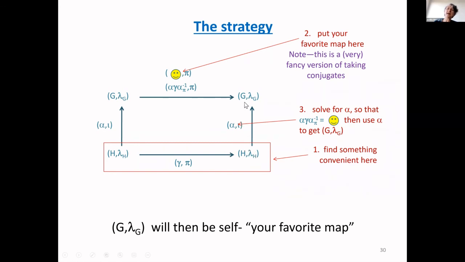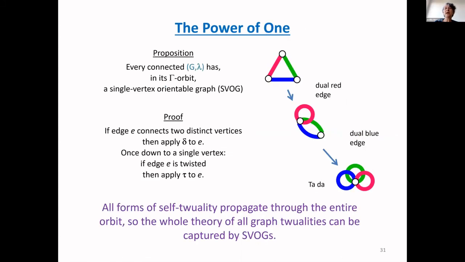You apply that to H and you get your G here that will have the nice duality property that you're after to begin with. So this is very sweet. And solving for alpha turns out to be easy. It's lovely.